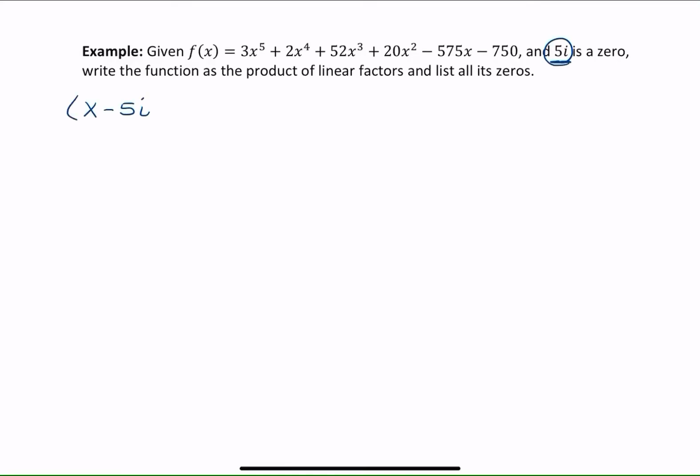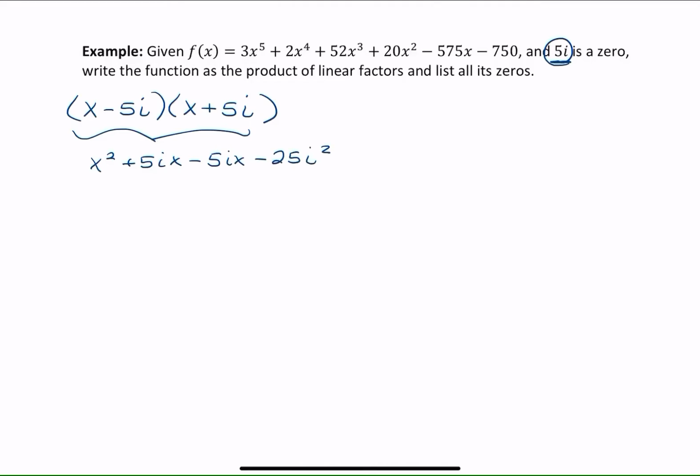is a factor. But remember, if that's a factor, then its conjugate is also another factor. And then when you multiply that together, if I FOIL this, I'm going to end up with x squared plus 5ix minus 5ix minus 25i squared.